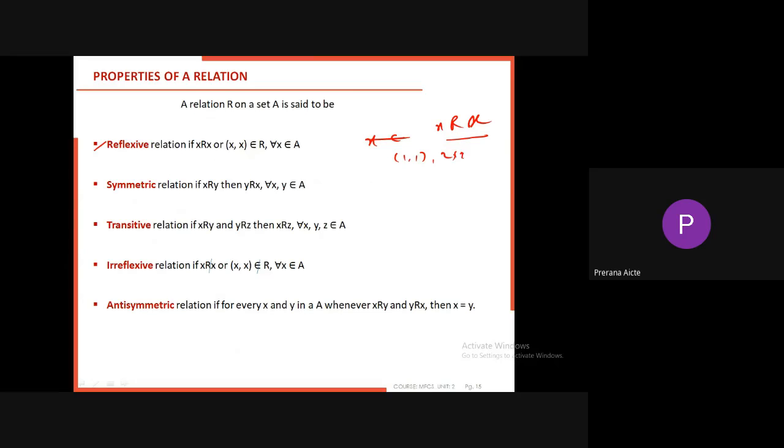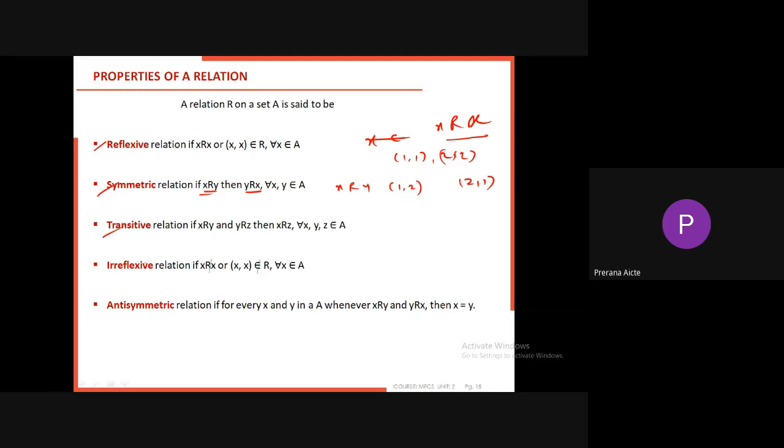If you have ordered pairs in this form, we can say it follows the reflexive property. Symmetric property means if x is related to y, then y should be related to x. That means if the ordered pair (1,2) is in the relation, (2,1) should also be in the relation.